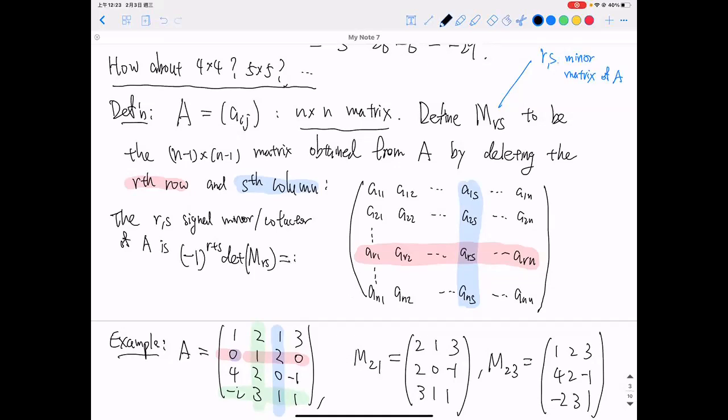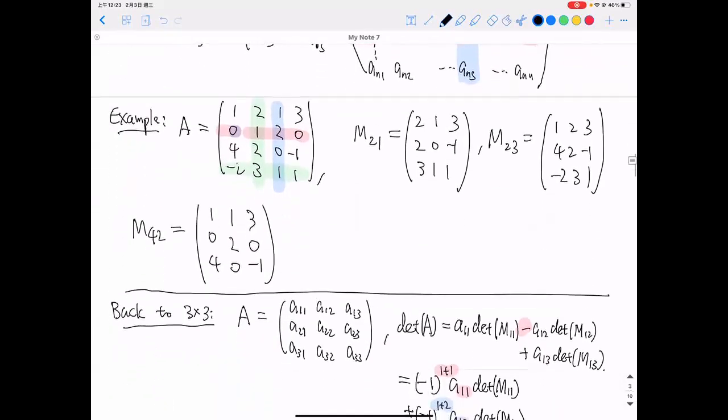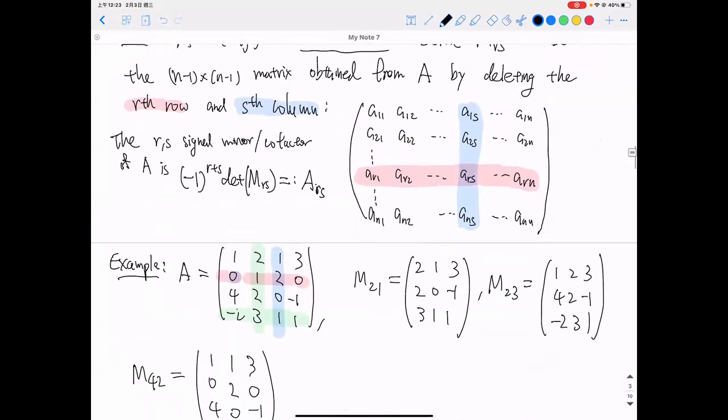And we sometimes denote this by A_RS. Okay?